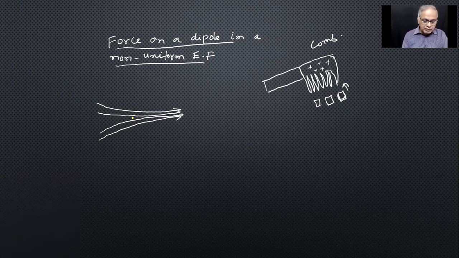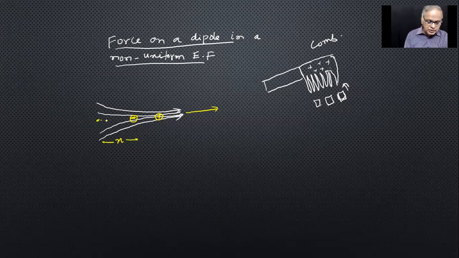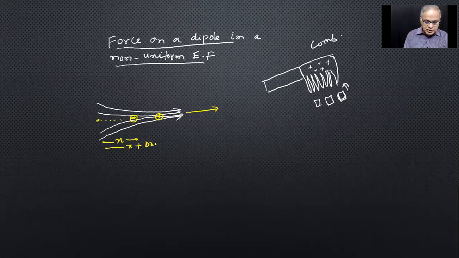Now, let me say I have a dipole placed here. It is easy to do in 1-dimension, children. Actually, after that, we can write a 3-dimensional formula also. So this minus charge is at X from some origin, and that plus is at X plus delta X. Delta X being the length of the dipole now.